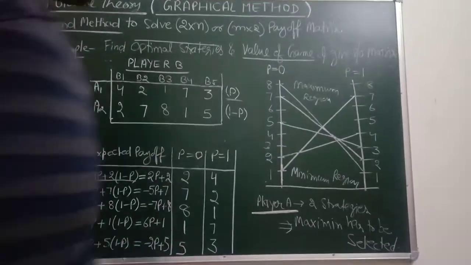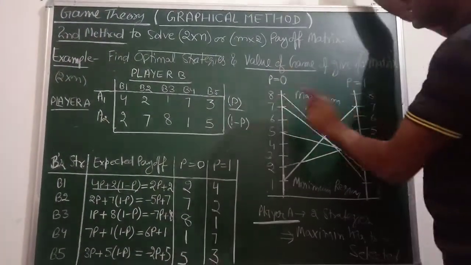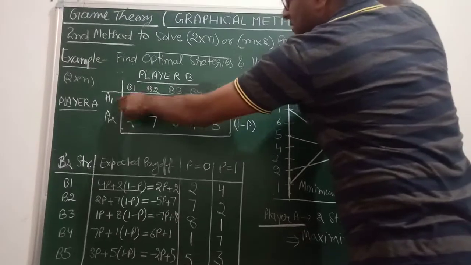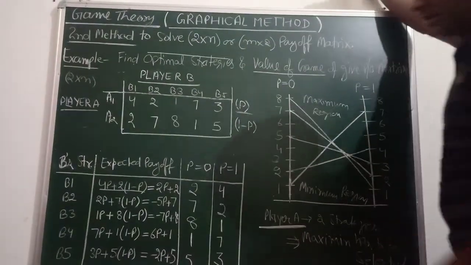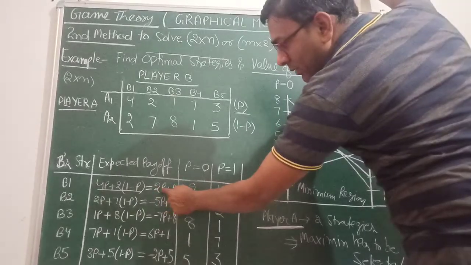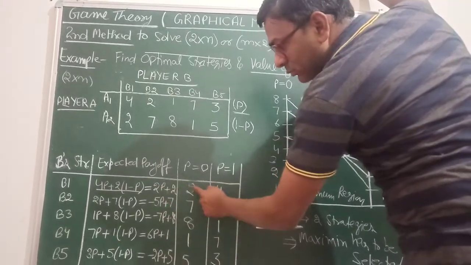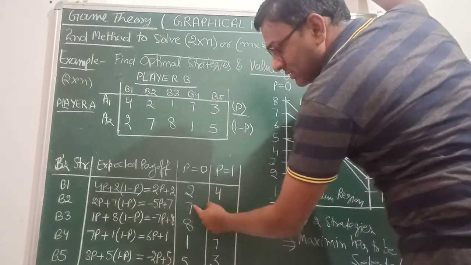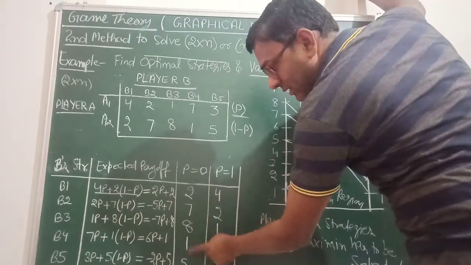Now if you put the value of P as 0, meaning the A1 strategy is not used by player A, then the first value becomes 2 into 0 plus 2, that is 2. Similarly, if you put 0 here, minus 5 into 0 plus 7 is equal to 7. Similarly 8, 1 and 5.